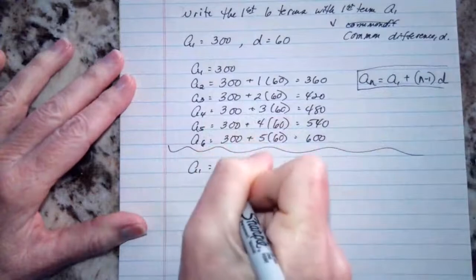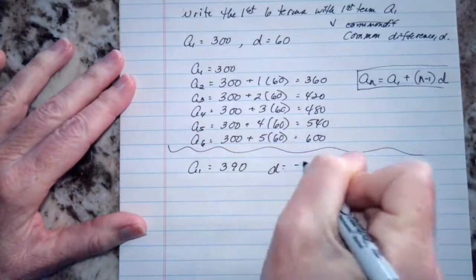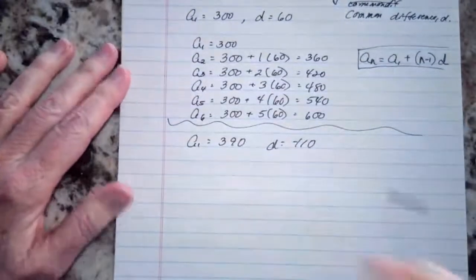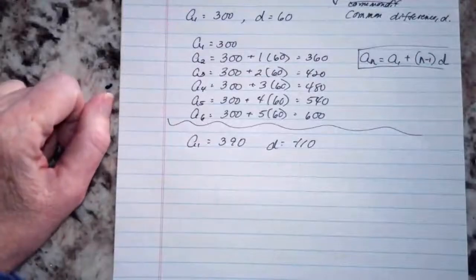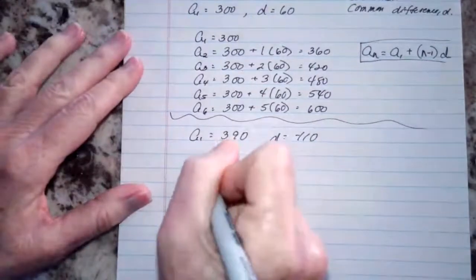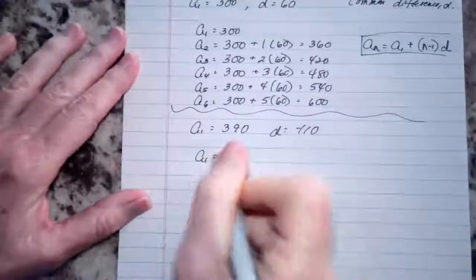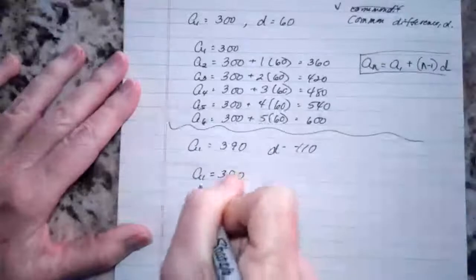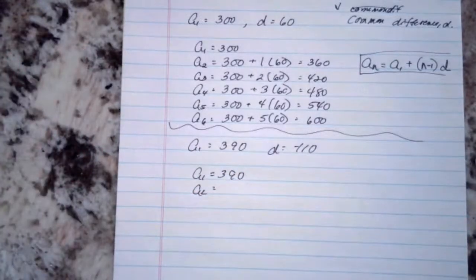Let's say that you're given a sub 1 is 390, and the difference is a negative 110. So we'll actually be subtracting this time instead of adding, because it has a negative in front of it. So a sub 1 is 390, and we're looking again for the first 6 terms. A sub 2, all you need to do is subtract 110 from that, get 280, and you're on your way.